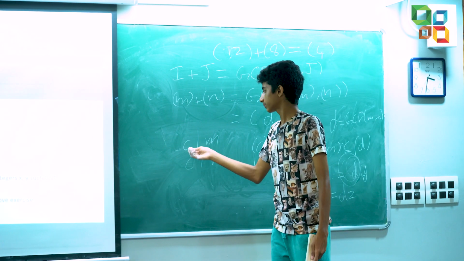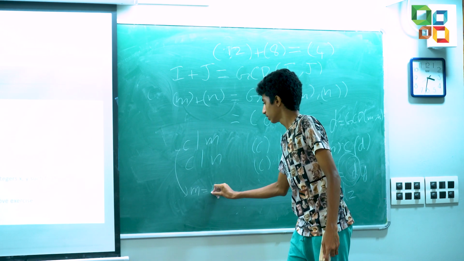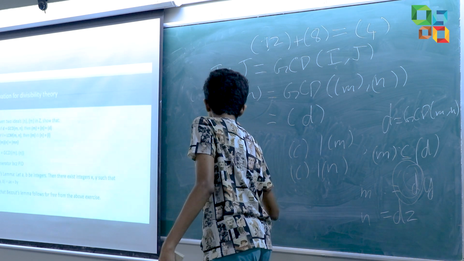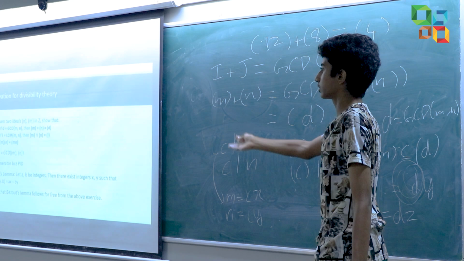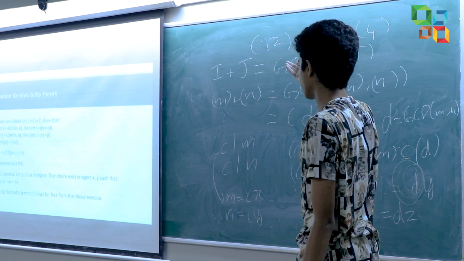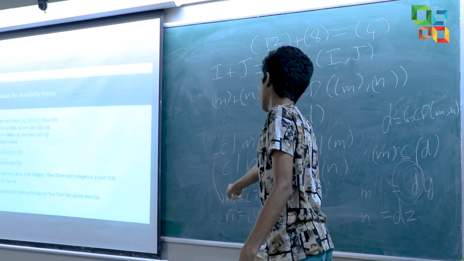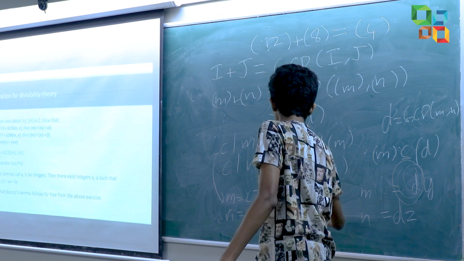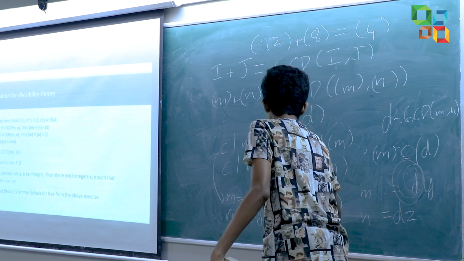Because the first statement is just telling us M is equal to Cx, and N is equal to Cy. When you take the ideal, again this is the same as what we did in the previous slides: the ideal M is a subset of the ideal C, and the ideal N is a subset of the ideal C.